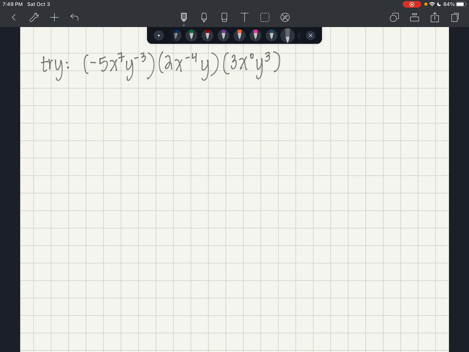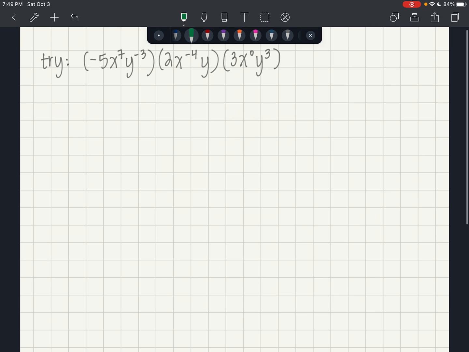Okay, this is a lot of multiplication. We have negative 5 times x to the 7th times y to the negative 3 times 2 times x to the negative 4 times y times 3 times x to the 0 times y to the cube, y to the 3rd power. So I'm going to start with the coefficients. Negative 5 times 2 times 3. Then we're going to go to the x's.